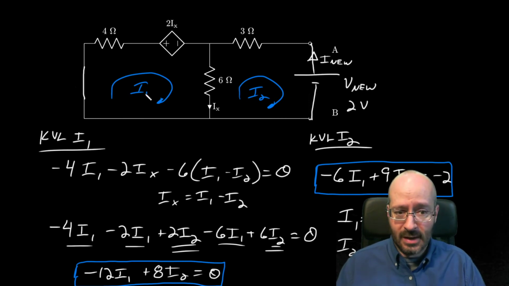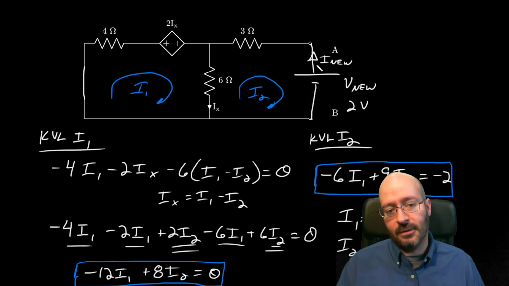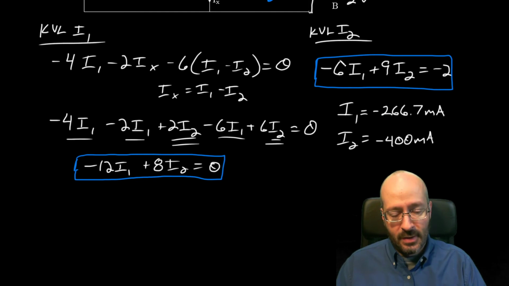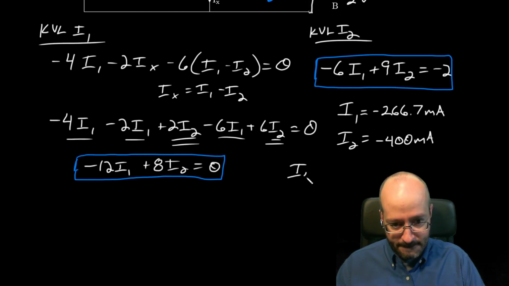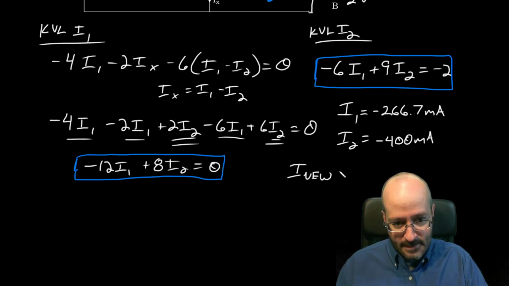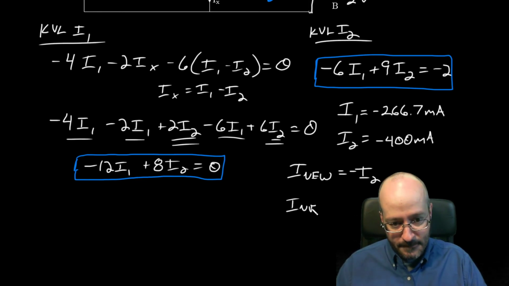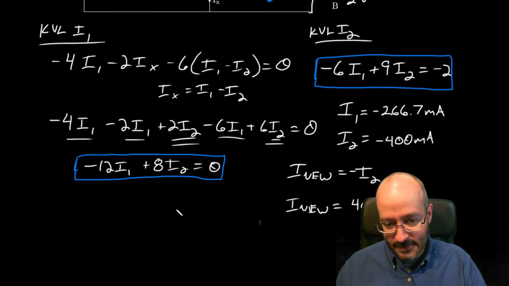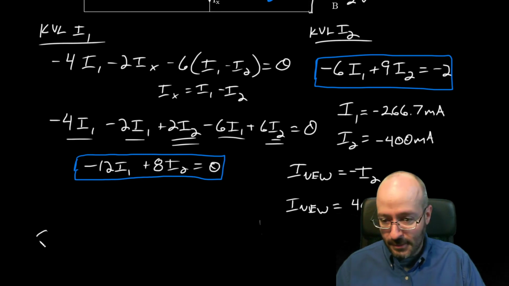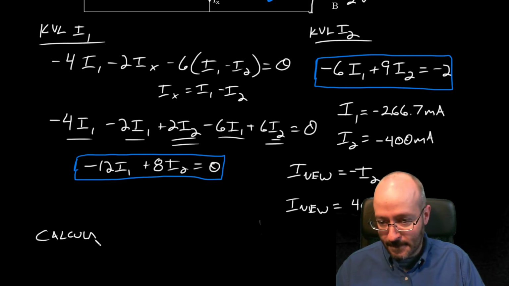I new is, I1 doesn't touch it, I2 touches it and goes in the opposite direction. So I new is negative I2, so I new is 400 milliamps.